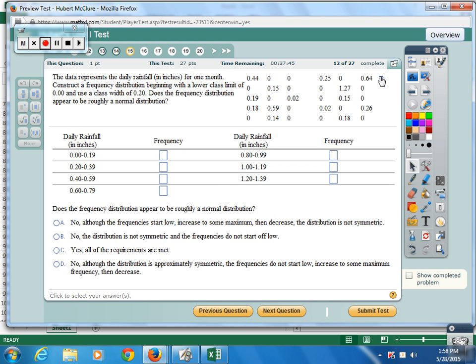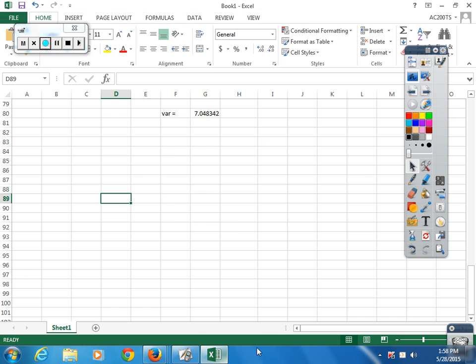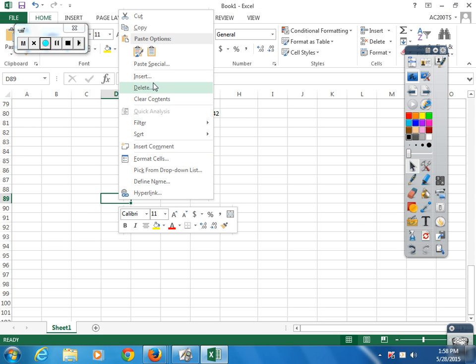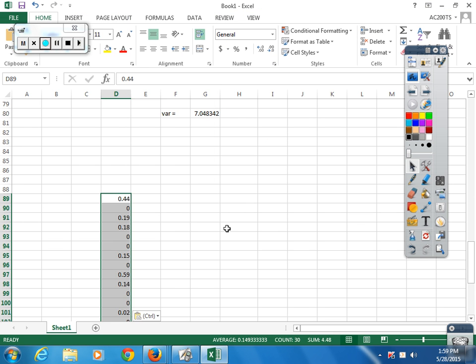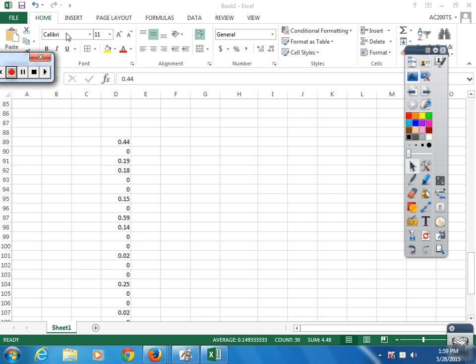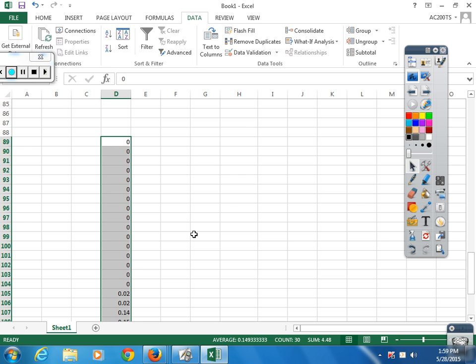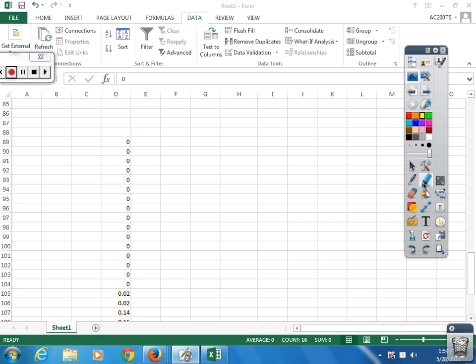So take your spreadsheet copy clipboard function and go to your Excel spreadsheet and paste. And then put in order, and then start counting. I just highlight what's different and what's the same.